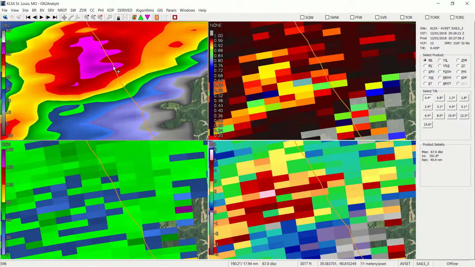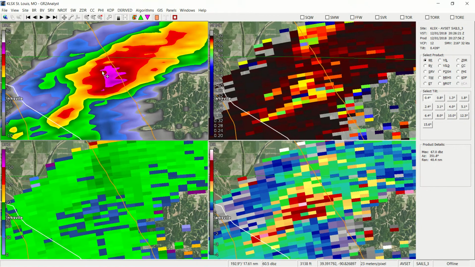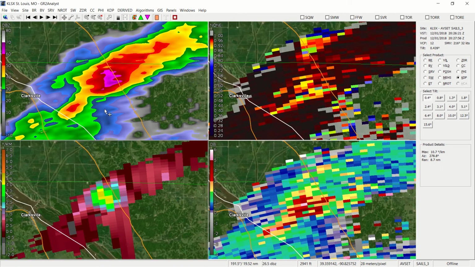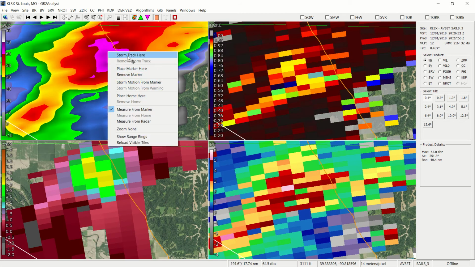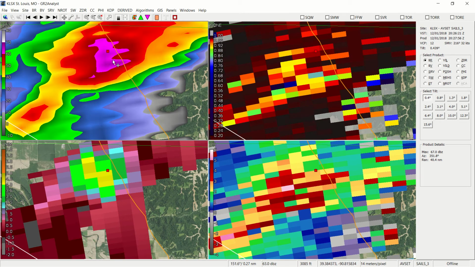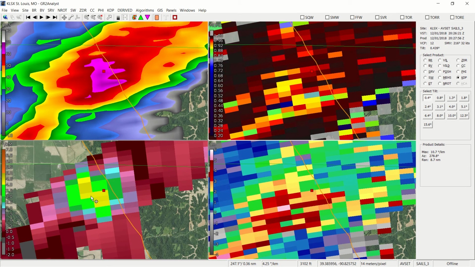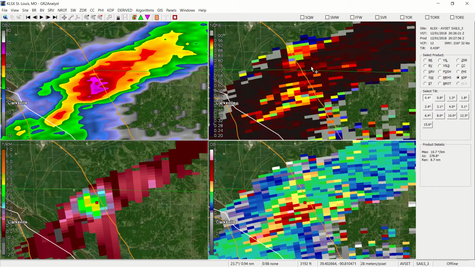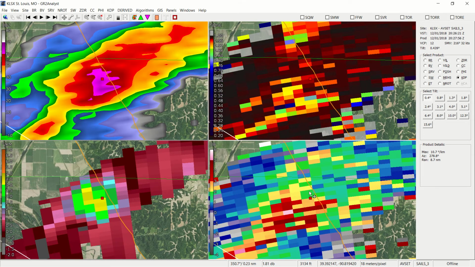But you can see it's kind of in the middle of this. We can go back to KDP as well. Here's a good example, place a marker here, where you have very high KDP values, so heavier rain. You're showing a little bit of a lower correlation coefficient, but not down in that range. And once again, we're showing flatter, larger drops in this area.